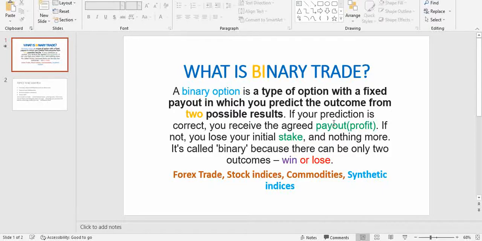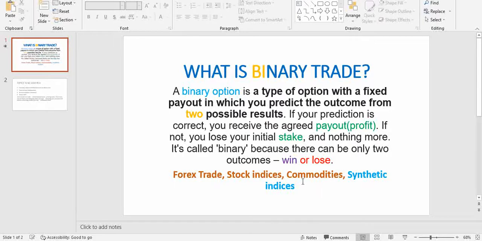It's called binary because there can only be two outcomes: win or lose. Binary options trade derives its data from forex trade, stock indices, commodities, synthetic indices. That's where you trade.